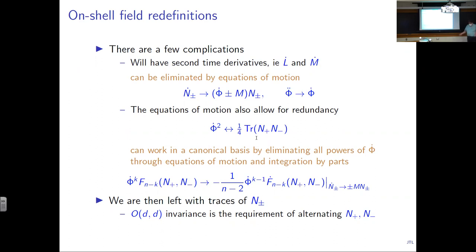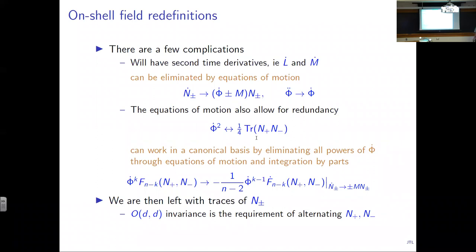To keep that consistent, you're going to have to go to one higher order in the equations of motion. That has, to some extent, been looked at recently. So the important thing here was to reduce everything down to single derivatives.